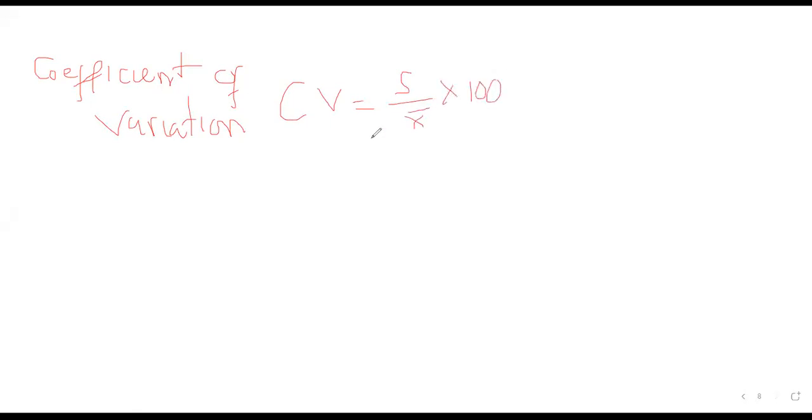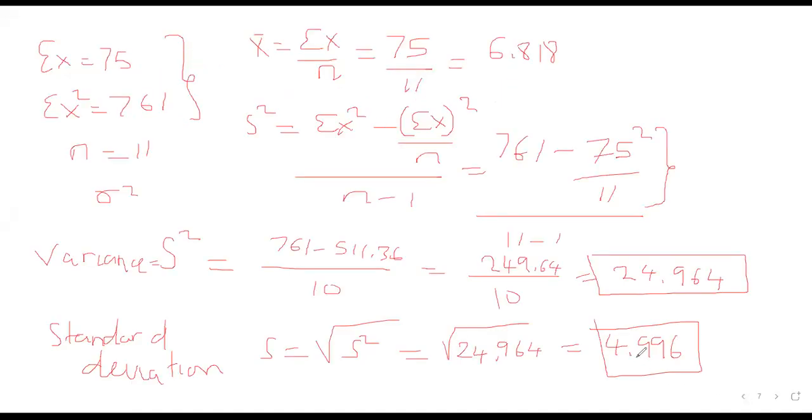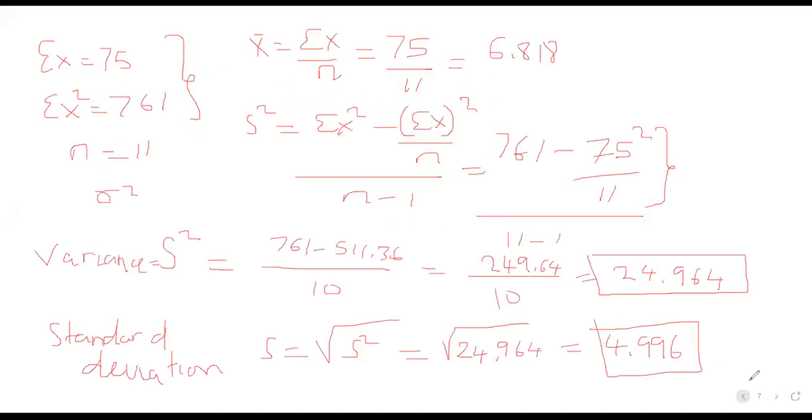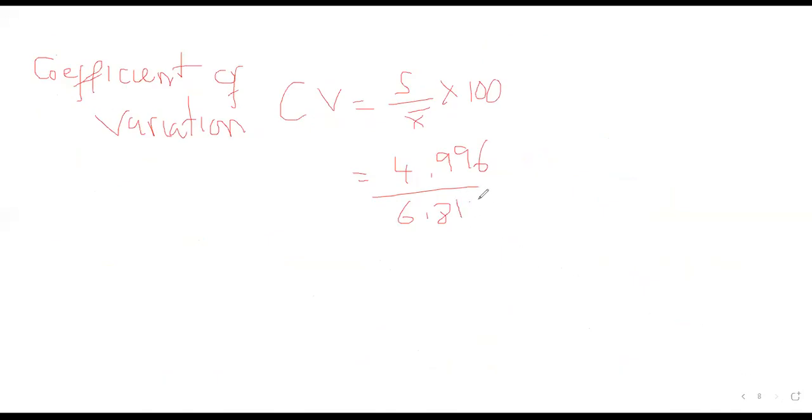So our standard deviation is 4.996, and our mean is 6.818. So 4.996 over 6.818 times 100. What do we get?